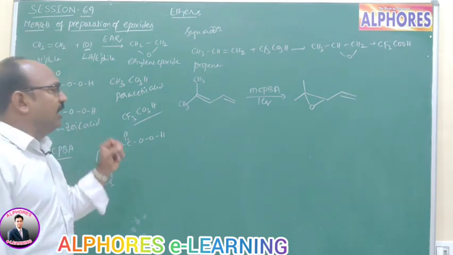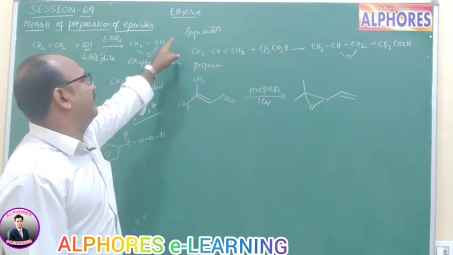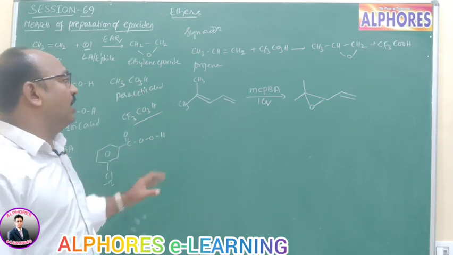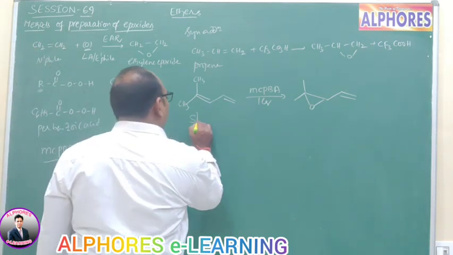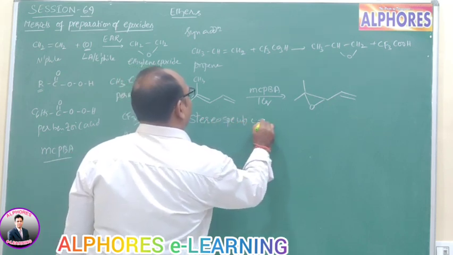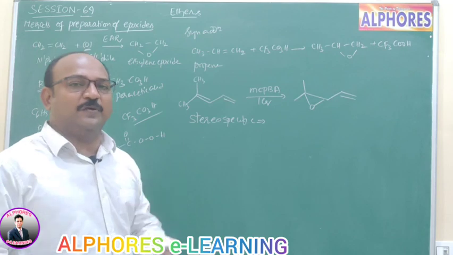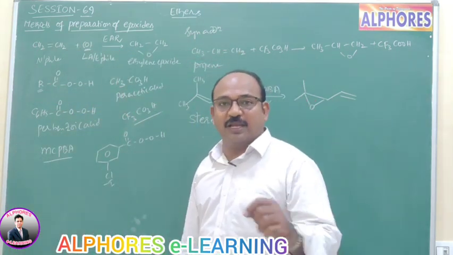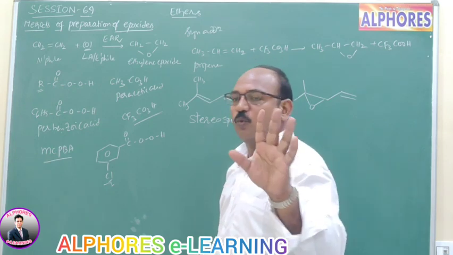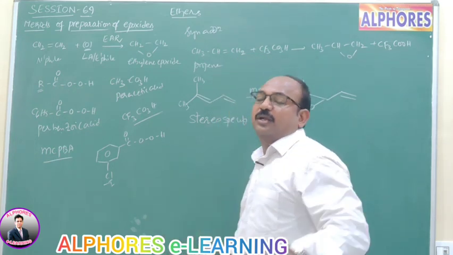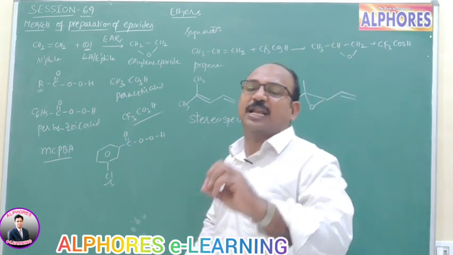And as I mentioned, this reaction mechanism is a syn addition, and the reaction is stereospecific. What do you mean by stereospecific? Specifically, one isomer gives one product. So the cis isomer gives the cis product only, and the trans isomer gives the trans product only.